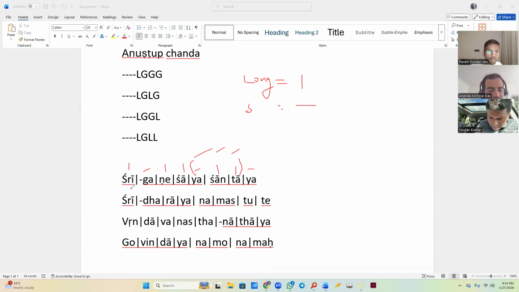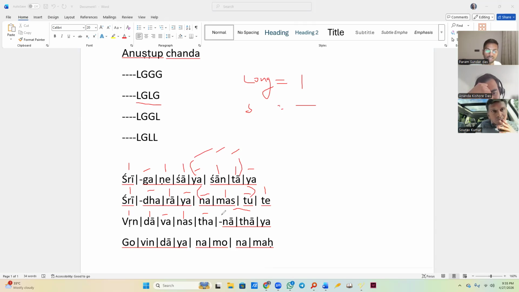For the second line, Shri long, Dha short, Ra long, Ya short, then Na short, Ma is long because of the conjunct, Tu is long, short, and Te is long. So here I have kept Laghu, Guru, Laghu: short, long, short. Same here: Vrin long, da long, va short, na long.